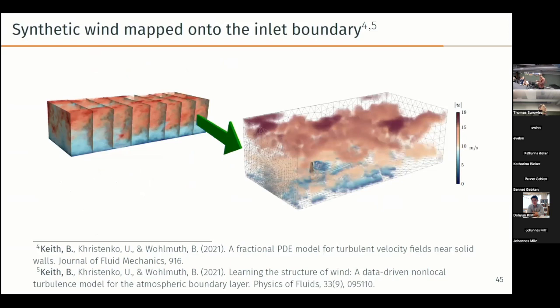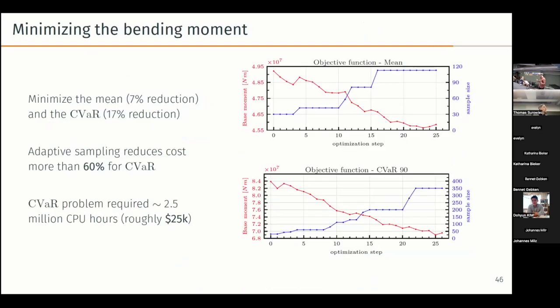We simulate this for, I think it was about 3.5 minutes of flow through this numerical wind tunnel, and compute the time series of the base moment for the given sampled wind speed and direction. So this is, of course, very expensive.